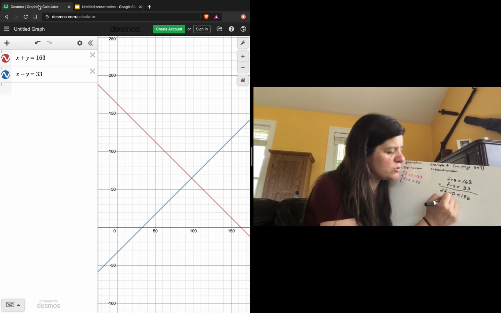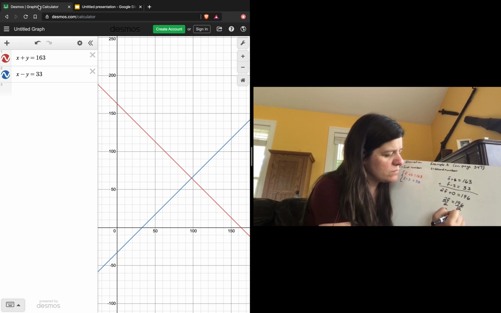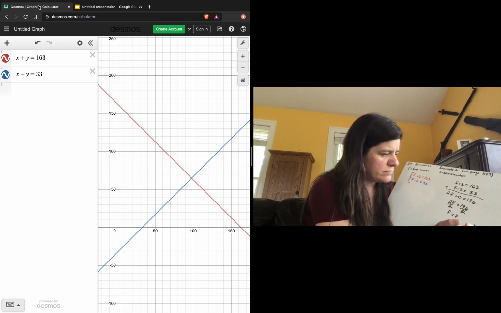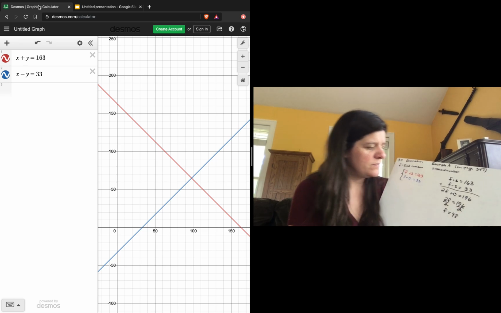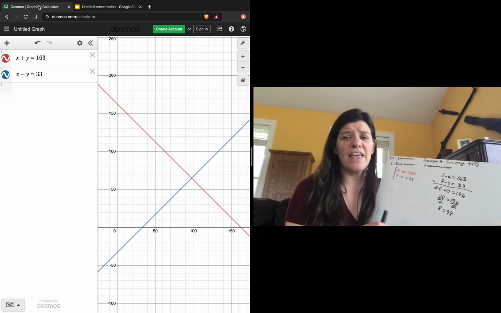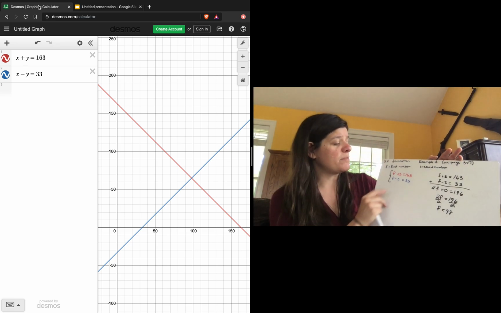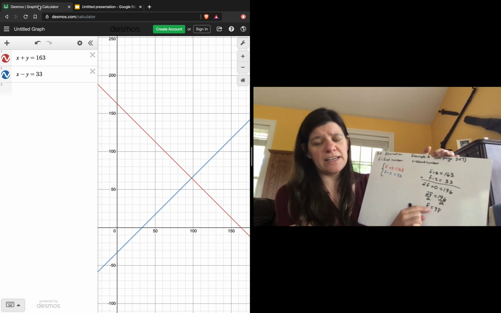Okay, and now I'm just going to end up solving that. So divide by 2 on both sides. Equals 98.